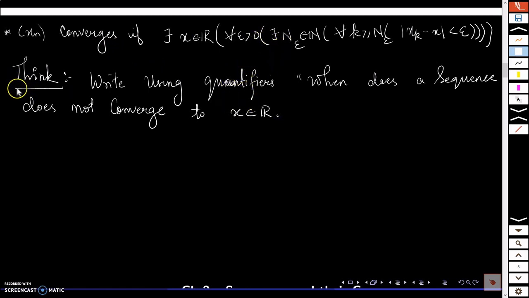Okay, so you all can formulate the negation of this statement. Just give a try, and I will discuss that in the live class if required. Okay, so this you all think.